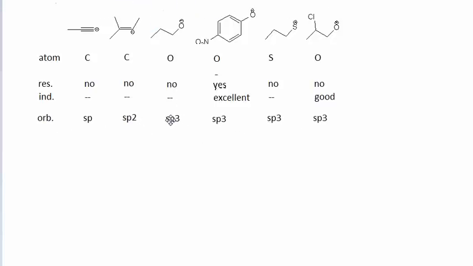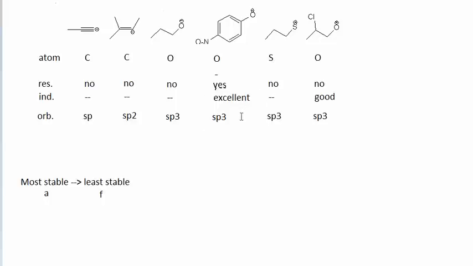And lastly, we need the orbital hybridization. Again, triple bond, this is going to be sp, that'll be sp2, and the rest of them will be sp3. If we're ranking them, we want to go from most stable to least stable, and this is where you get your first exception. Before you might have said, well, sulfur is larger than oxygen, so this will clearly be the best one, but that's not the case.